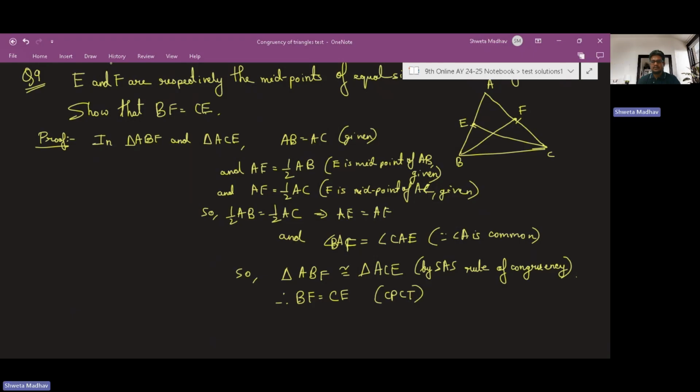Therefore, BF is equal to CE by CPCT. So hence proved.